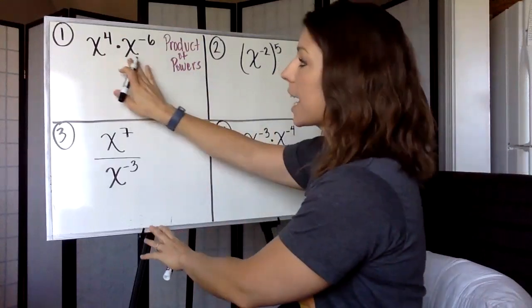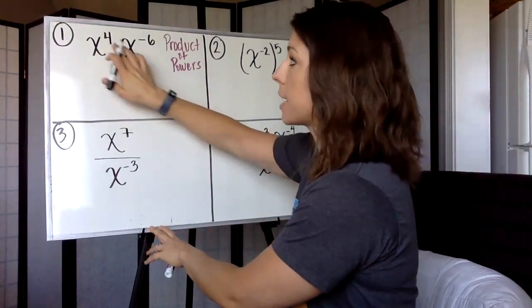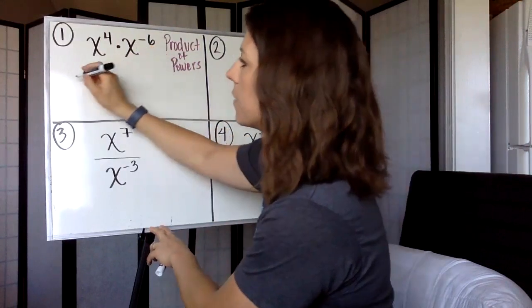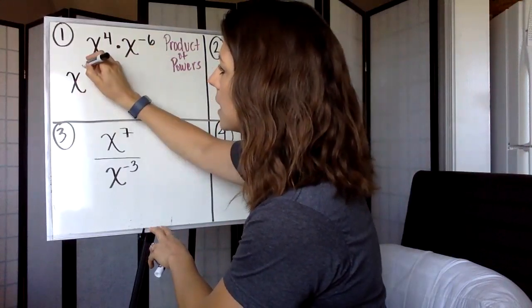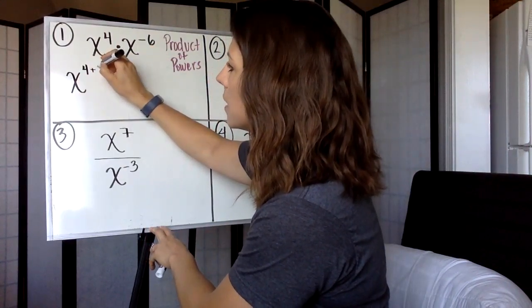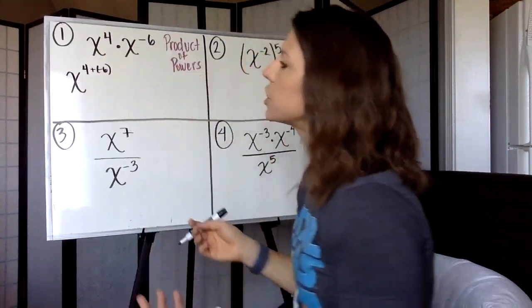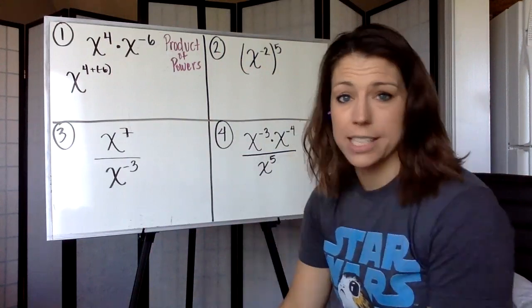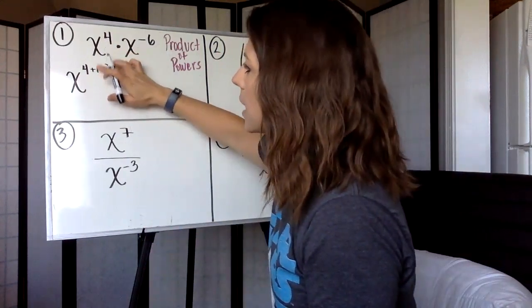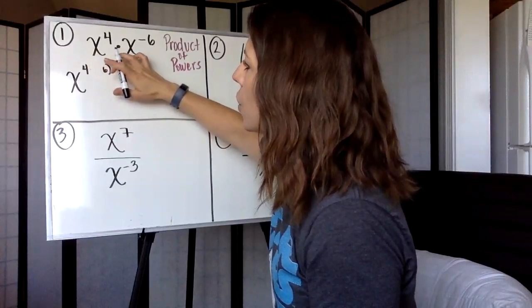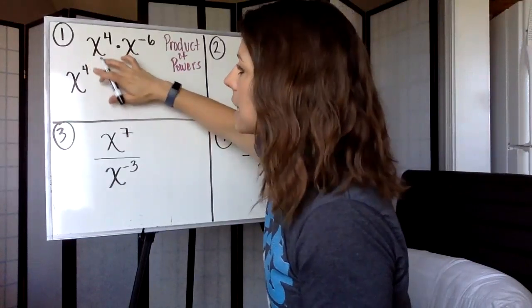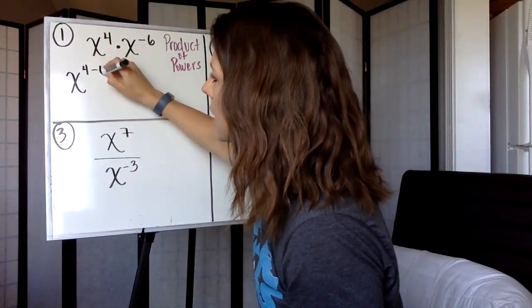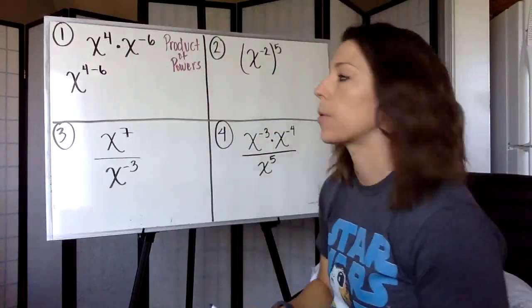Because I have the same base, x and x, I'm just going to add the exponents 4 and negative 6. So essentially, it's x to the 4 plus negative 6, which, by the way, adding a negative is equivalent to just subtracting. So instead of writing this as plus negative 6, we could write it as 4 minus 6. That might make your math a little bit easier, but it's completely up to you.